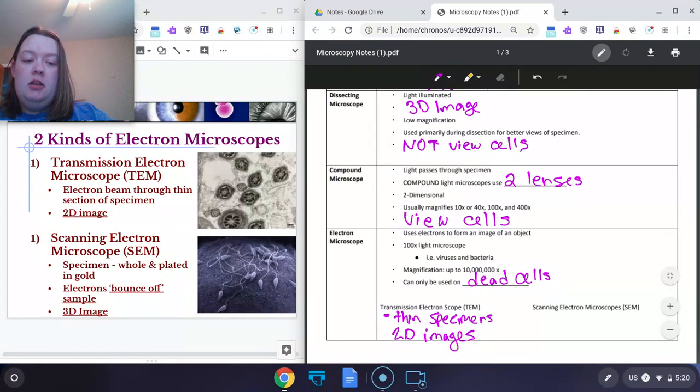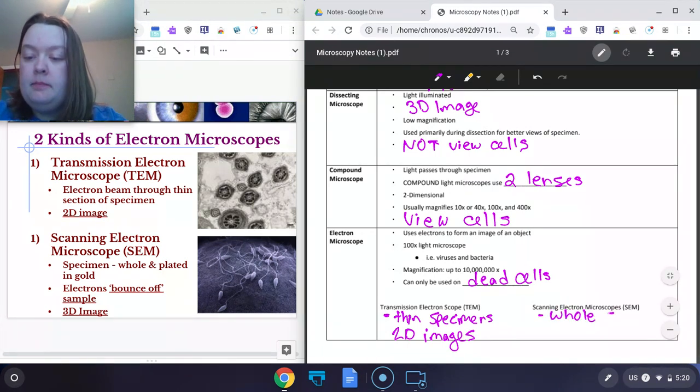While the scanning electron microscope is going to be a whole thing, it's not going to be sliced, it's not going to be a thin section, it's going to be a whole object, typically plated in gold, and electrons are going to bounce off of the specimen. So I'm going to write whole specimen.